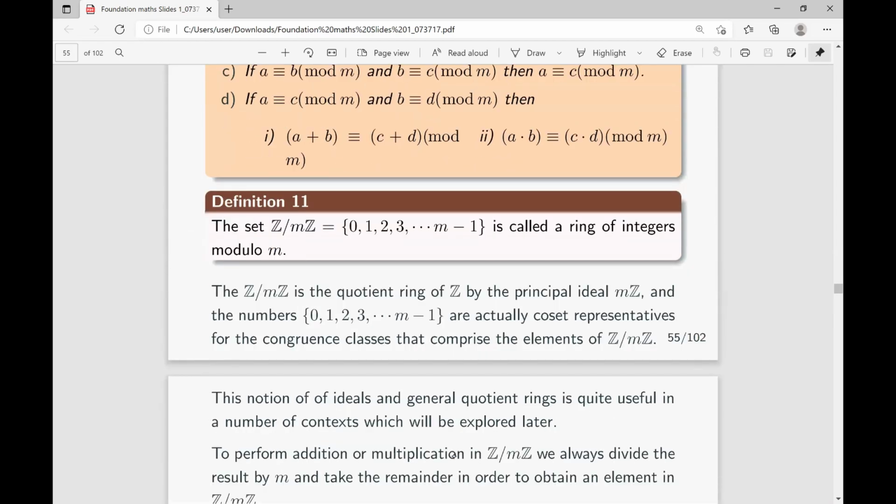This is where we're supposed to have begun. Now, this set, where m is any integer. It could be 2, could be 3, could be 5, any integer.